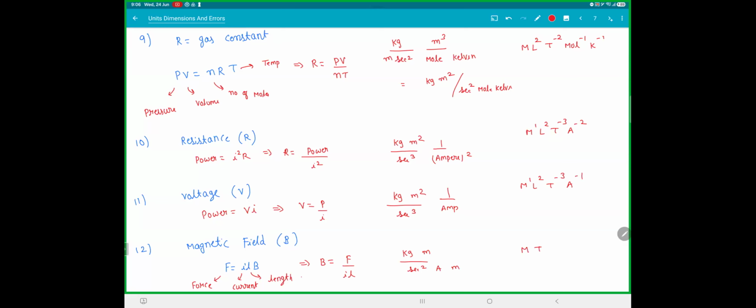M T minus 2 A minus 1. Clear? So this is easy stuff. This is one type of question they can ask you. This is model 1, you can say. They'll give you a quantity, they'll ask you dimensions. That's the easiest one. The only headache is you should know the formula. If you don't know the formula, you're stuck. All clear with this? The second variety of questions.